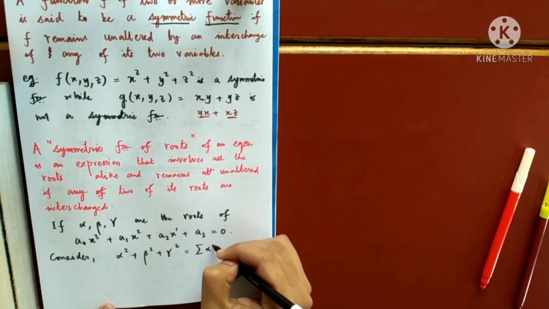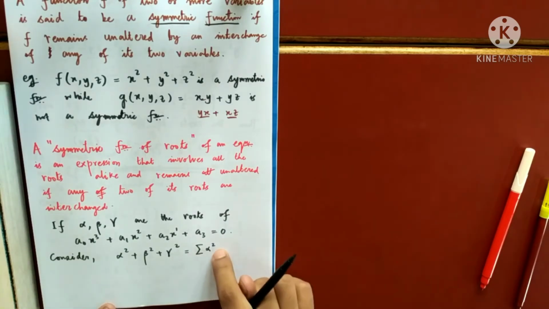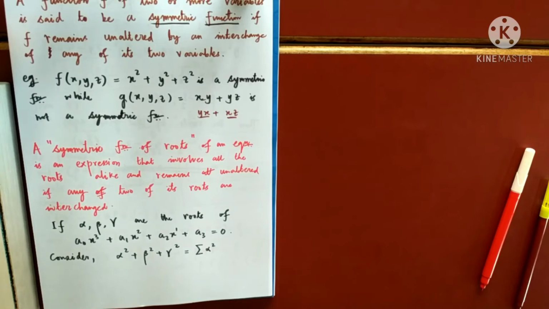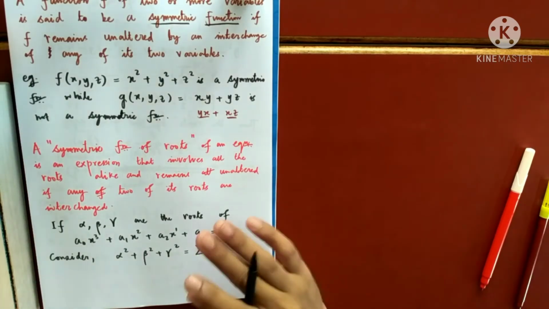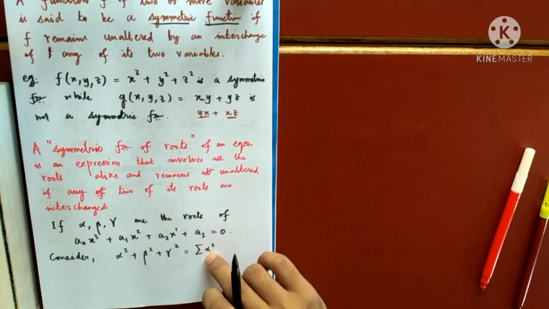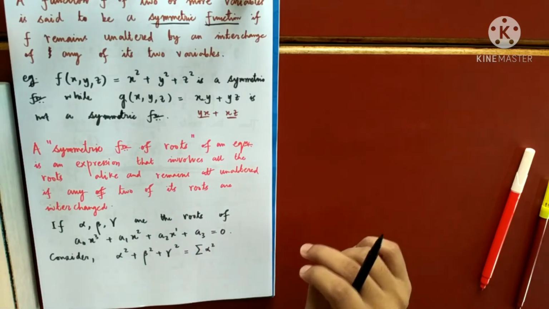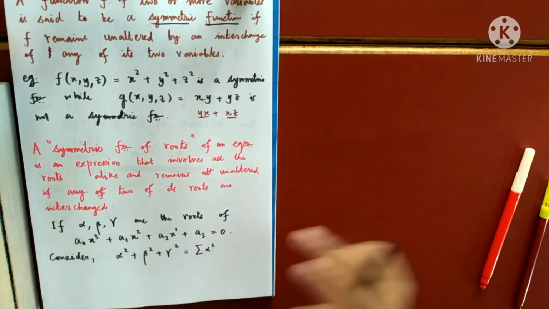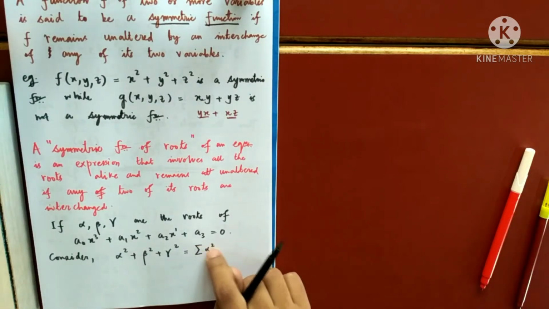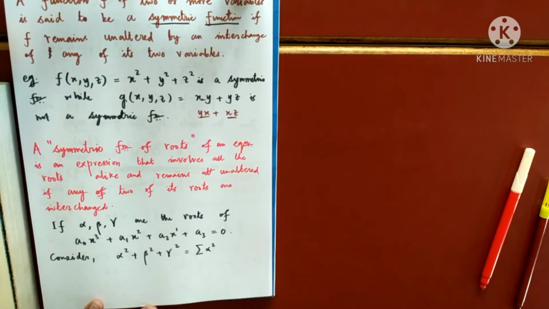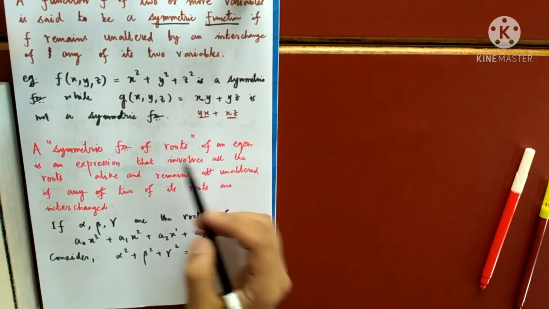So I will represent this as summation alpha square. Whenever I write summation alpha square, you understand this is a symmetric function of roots, and you have to take all the possible terms. I cannot write summation alpha square as just alpha square plus beta square, because that does not involve all the roots.